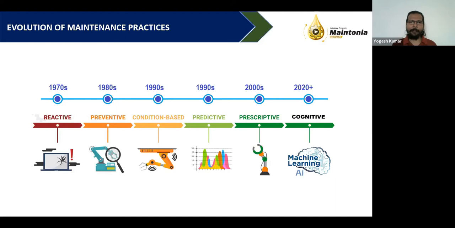Like that, in maintenance, although the industrial revolution was a concept of the 18th century, after 3 more centuries we are talking about maintenance practices. So we are running a bit late than the industry requires.